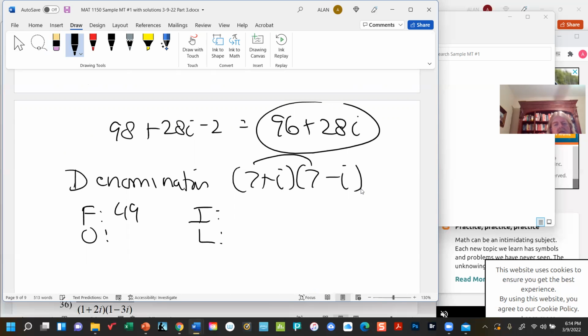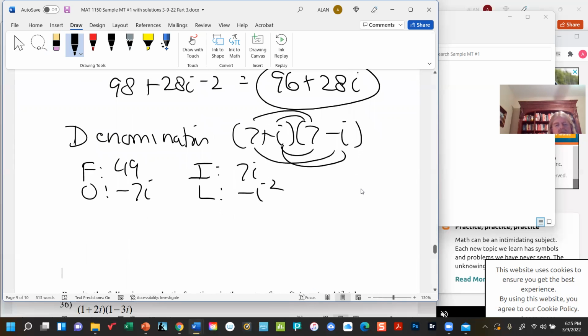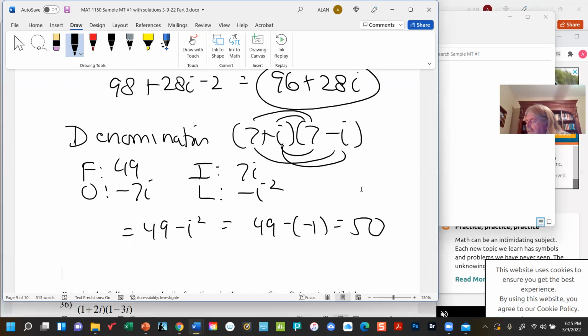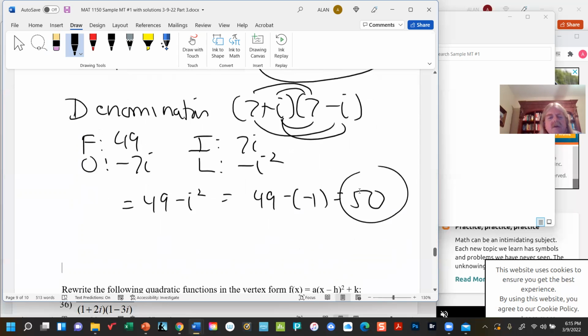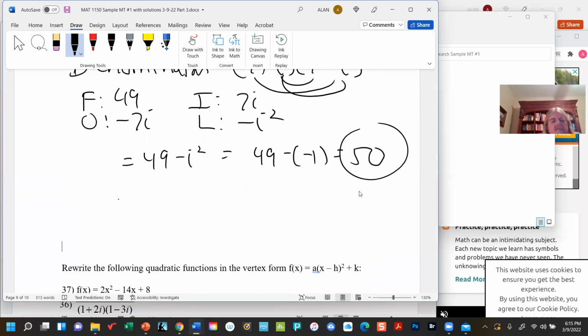49 minus 7i plus 7i, minus i squared. So a 50, and that means that when the dust finally settles, the simplest version is 96 plus 28i over 50.